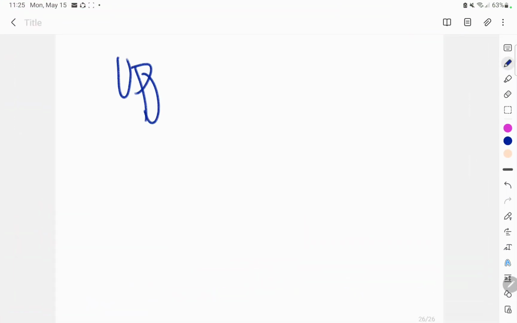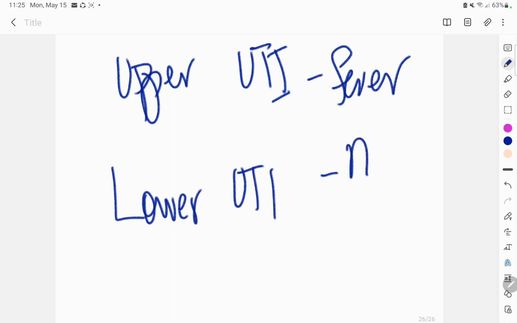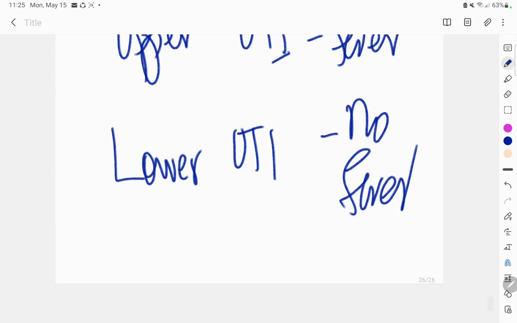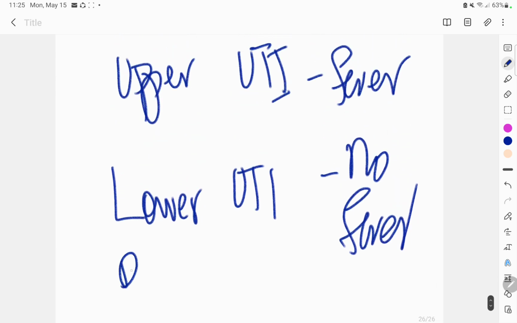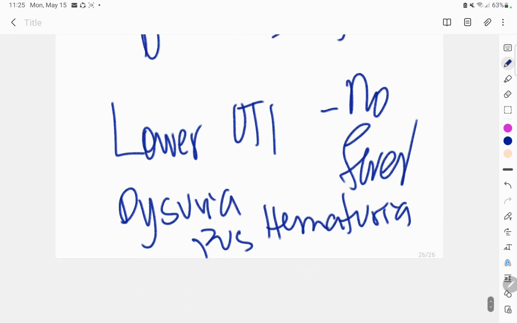When you are having upper UTI, take note, nagkakaroon ka ng fever. Pag lower UTI, take note, no fever. Yan ang kaibahan. So both UTIs has dysuria, which means painful urination. It might be hematuria, or there is what you call a pus in the urine.